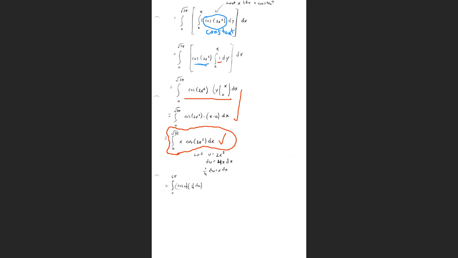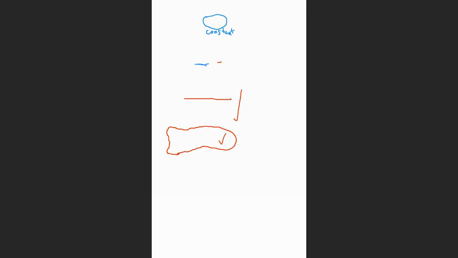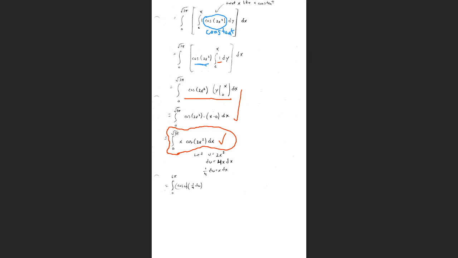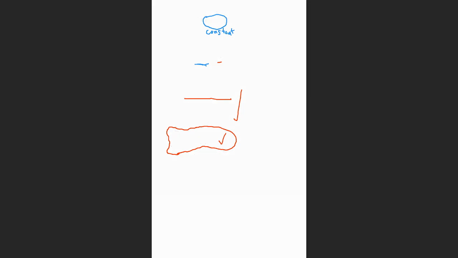So remember, for this third exam, you're going to be showing me your integration work. To get credit for the problem, I need to see your integration work, and I need to see the steps. That tells me you understand the concepts. So here's a very good example of what to show. Let u equal 2x squared.